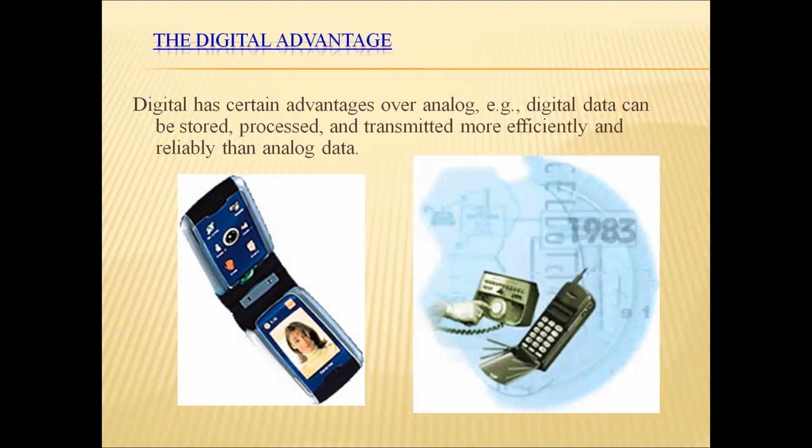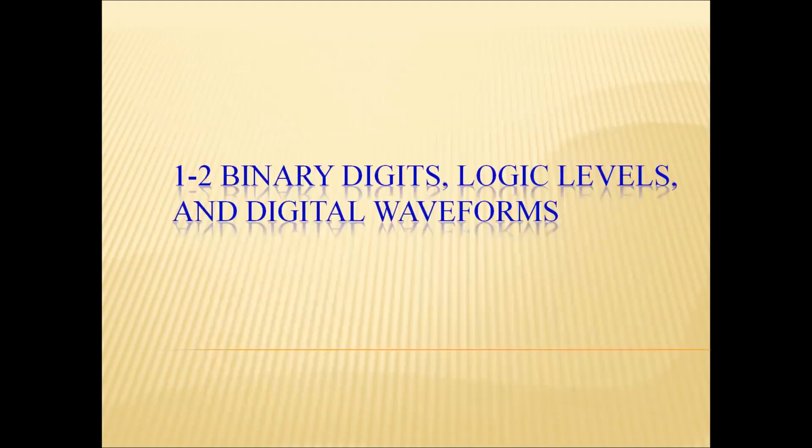You see here a lot of applications, and also after the emergence of signal processing circuits, which are digital circuits, there are many advantages, such as sustainability over noise, and encryption and security. So digital clearly has an edge over the analog signal.